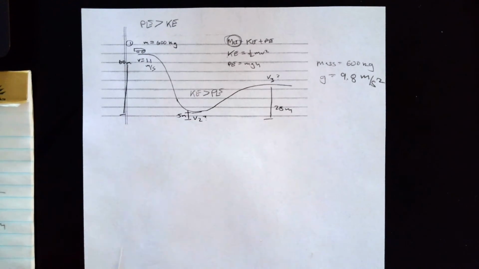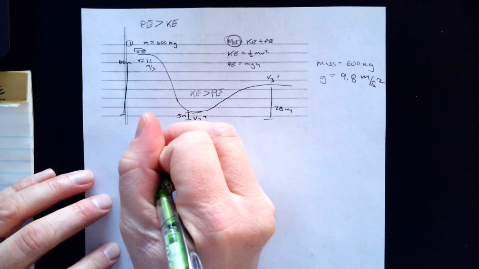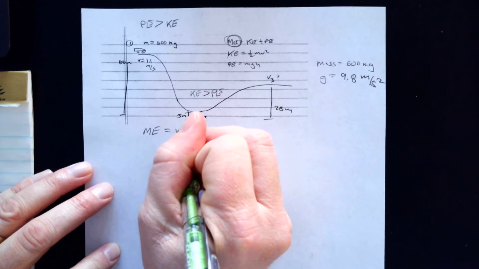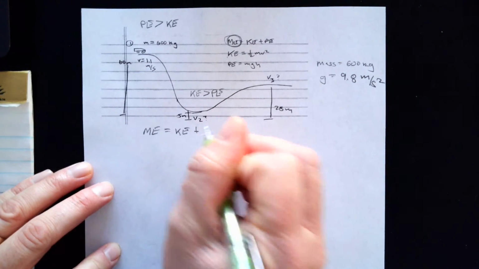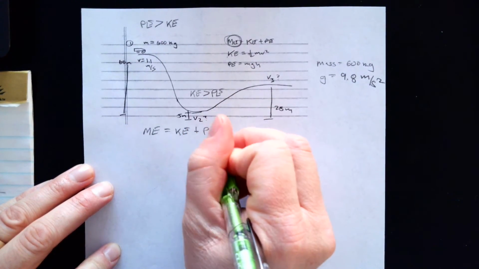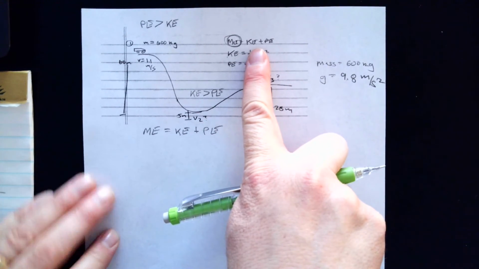The first thing I want to do is calculate my mechanical energy. I'm going to write down mechanical energy equals kinetic energy plus potential energy. I know that because I took it from right here.